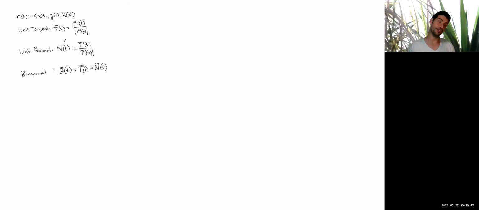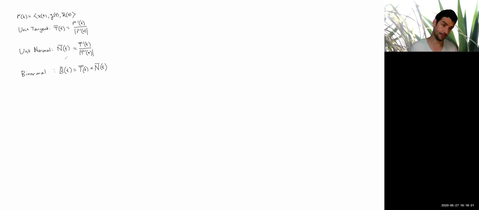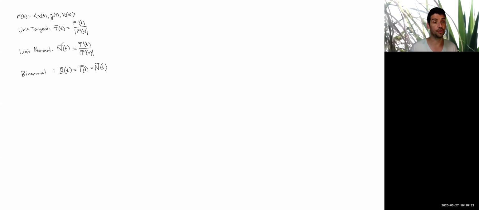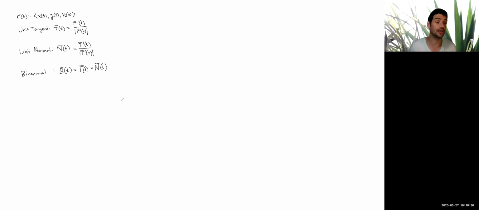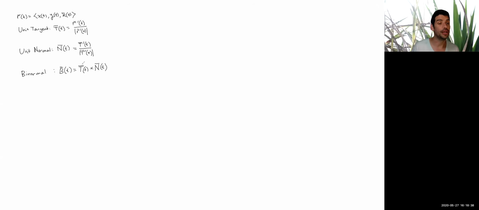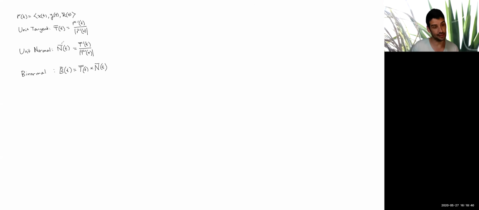So these three vectors are going to be perpendicular with each other. They're all going to be orthogonal. And they're all unit lengths. Since T and N are unit length, that implies that this binormal vector is also unit length.